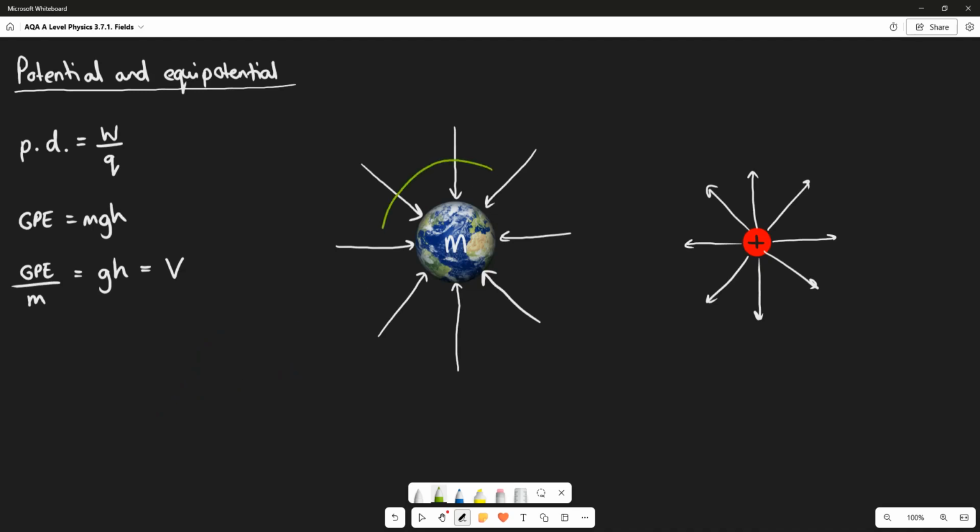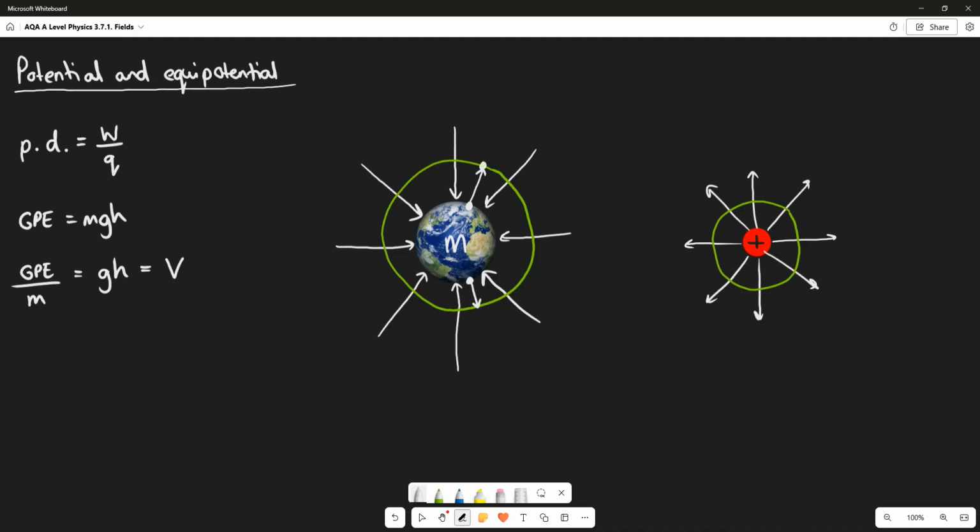Here is an equipotential line going around this mass, and here is an equipotential line going around this charge. To raise a mass up to this level here requires a certain amount of energy. It takes the same amount of energy to raise it from this position up to there.